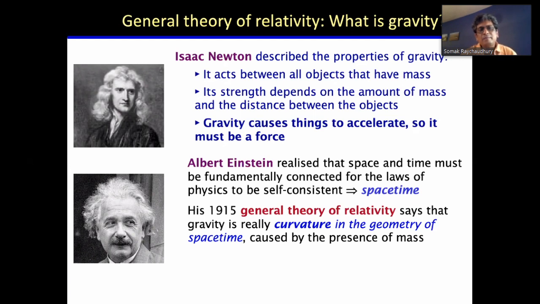Instead, Einstein moved into a different kind of formulation of gravity, where gravity is the manifestation of a very local phenomenon, and that is, if something has mass, it introduces a curvature locally in the space in which that body is embedded.